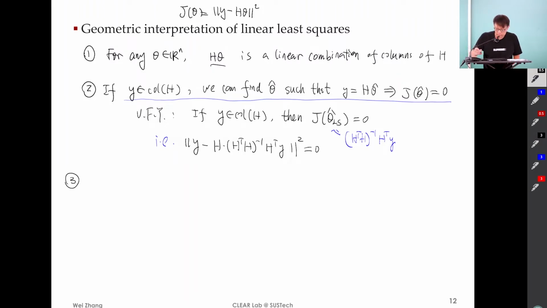Now the non-trivial case is oftentimes you don't have a 0 least square error, you have non-zero error. That means y is outside the column space of H. So y does not fall into the column space of H, so there's no exact solution.